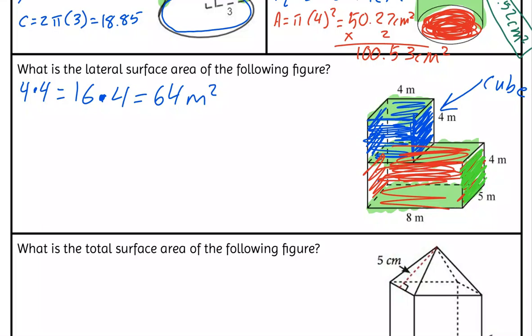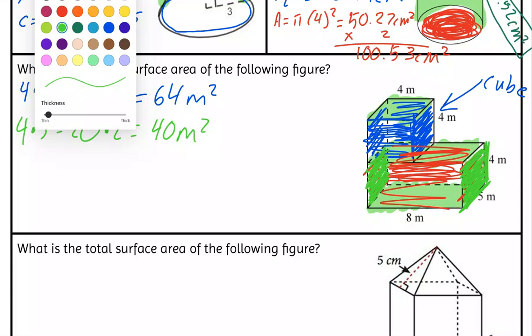For us to do that, we know this length is 4 and we know the bottom length is 5. So I can just multiply those together. So we have 4 times 5 and that gives me 20. Well, this face right here is the same as this face way over here. So I have 2 of those, so I'm going to multiply that by 2 and that gives me 40 meters squared.